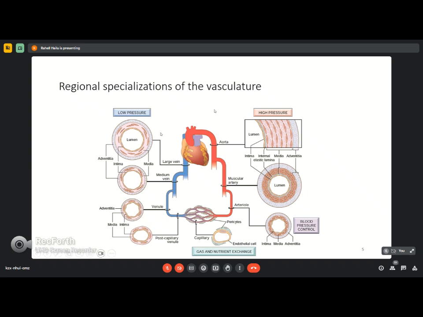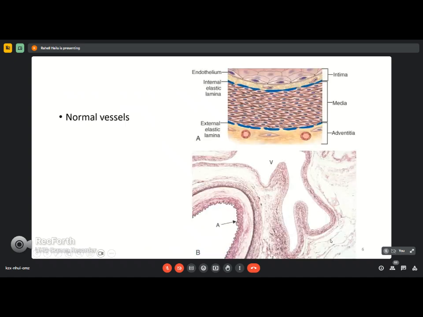As you know, the venous circulation has the lowest pressure, and when you reach the larger level, the pressure almost becomes zero. So the venous system is a low pressure zone, whereas the arterial system is a high pressure zone. And this blood pressure is mainly maintained at the level of the arteriole.